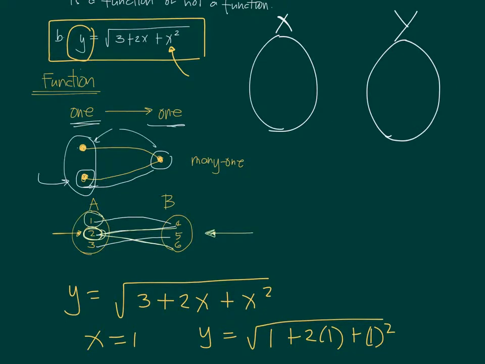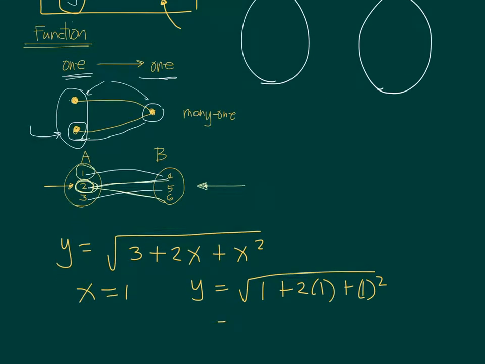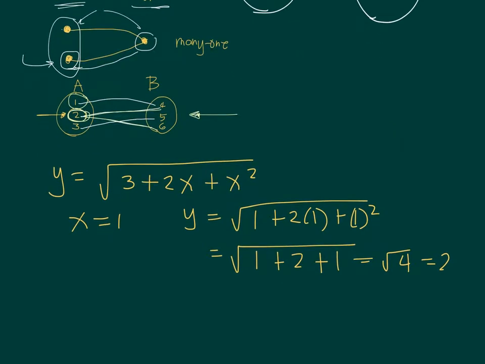If I compute the value, this will be the square root of 1 plus 2 plus 1, which is the square root of 4, equal to 2. So the value x equals 1 is leading me to a single value y, which is 2. So somehow, with one example, it is showing that this equation is a function.